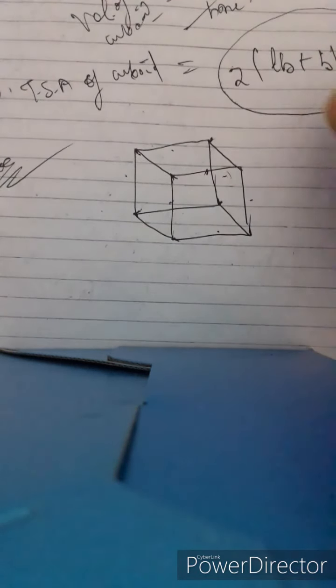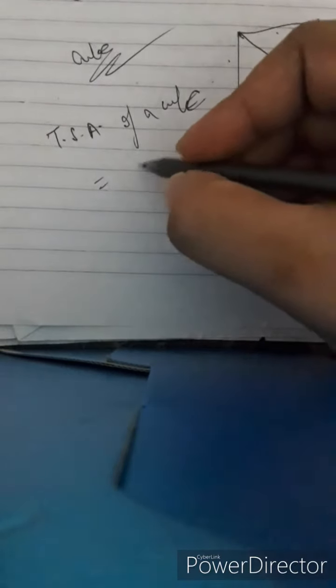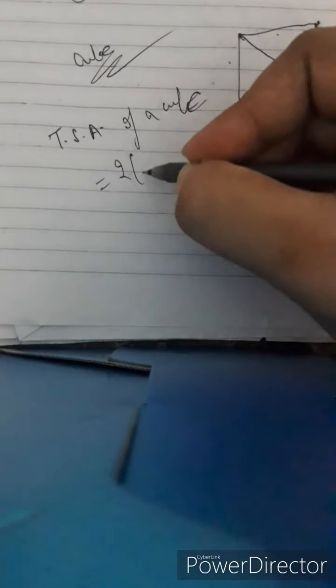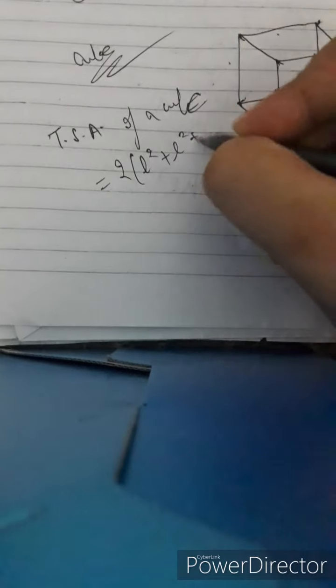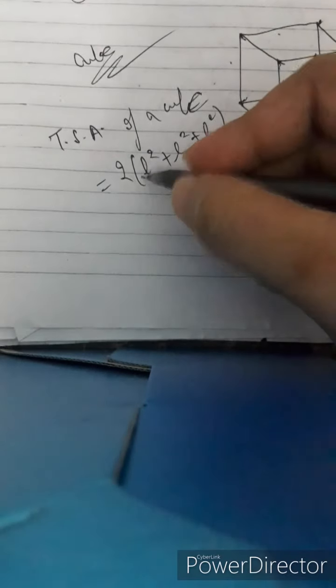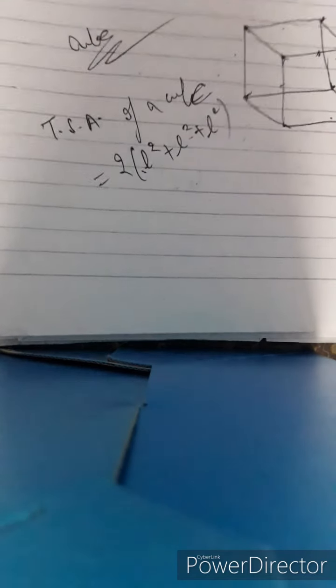So now we'll take a look at a few formulas regarding cube. The total surface area of a cube is denoted by the formula, that is total surface area of cuboid. What was L into B here, so it became L square. L into B plus B into H plus L into H becomes L square plus L square plus L square.